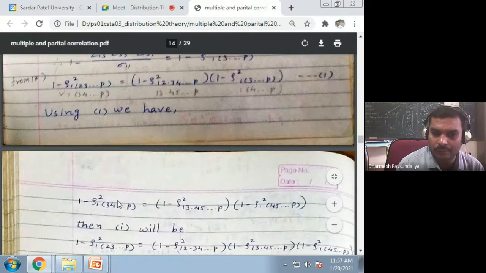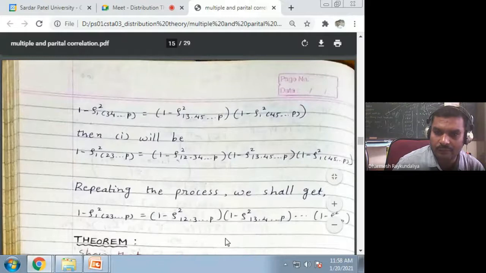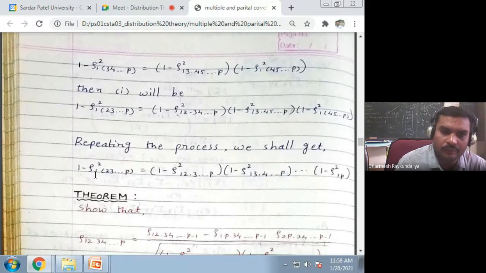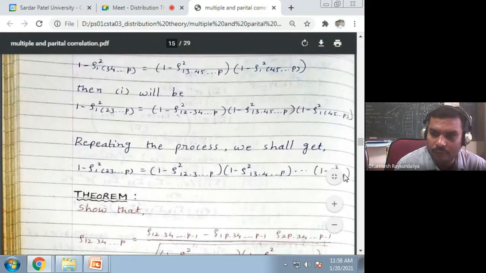So if you repeat this in the same session, where there is 1, you just substitute this and continue to proceed in the same procedure. You will get that the correlation between this as 1 minus rho square 1 2 3 p is equal to 1 minus rho square 1 2 dot 3 p, rho square 1 3 dot p, up to rho square 1 p, because nothing will be left ahead.